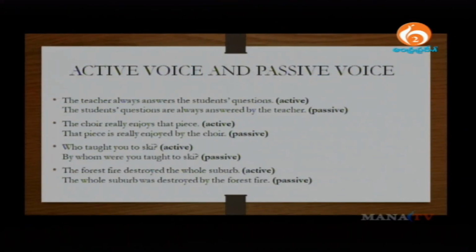If you can see the slide, we have the second point. The child really enjoys the piece. Obviously, the piece is really enjoyed by the child. Who taught you to ski?